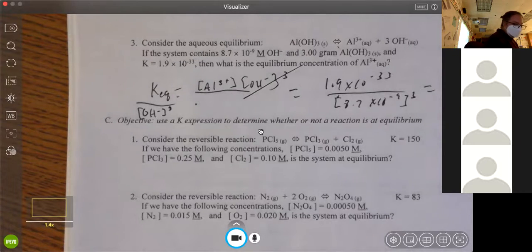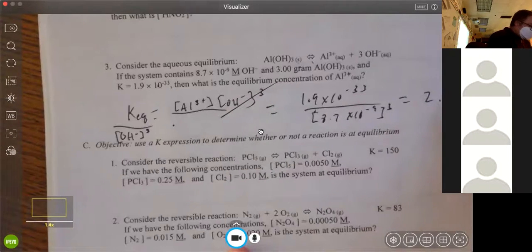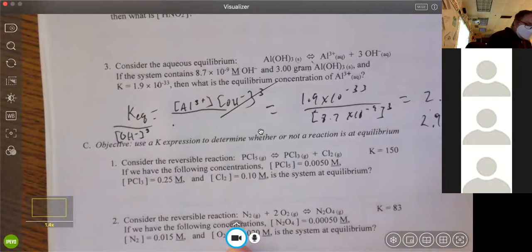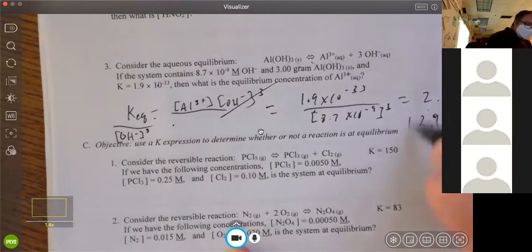Times 10 to the negative 9th. And we get 2.89, actually 2.9 if we look at significant digits, times 10 to the negative 9th moles per liter.